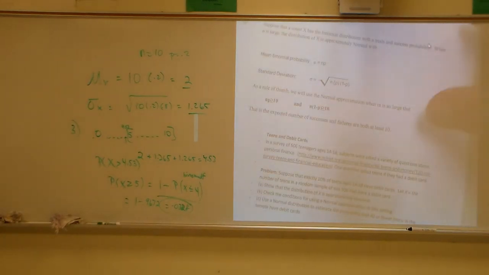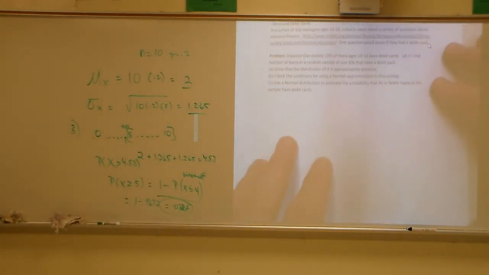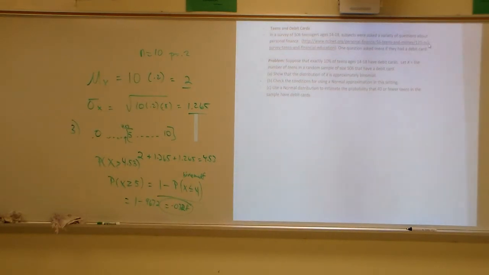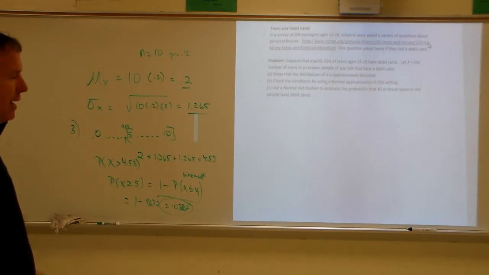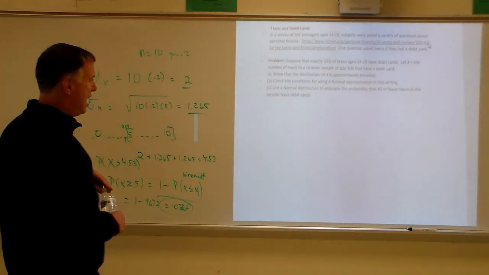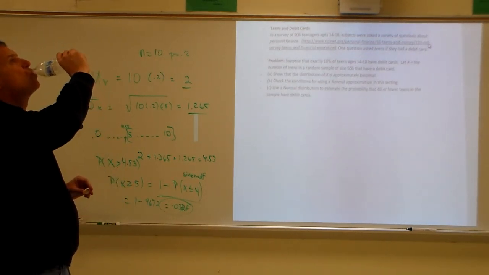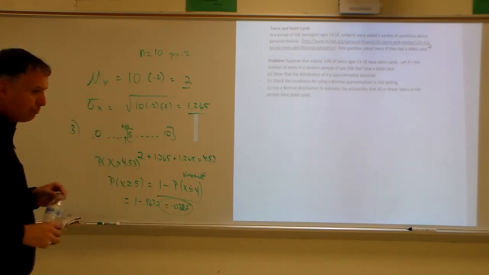So let's look. Ready? Here we go. This is a preview of chapter 7, okay? You don't have to really do this now, but since we're doing this in chapter 7, it makes sense.